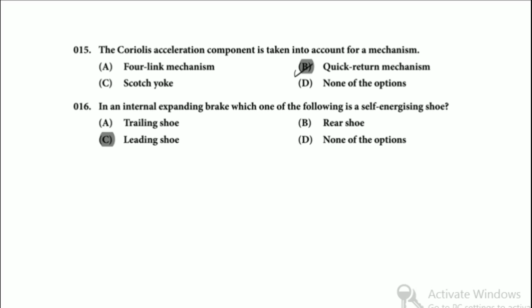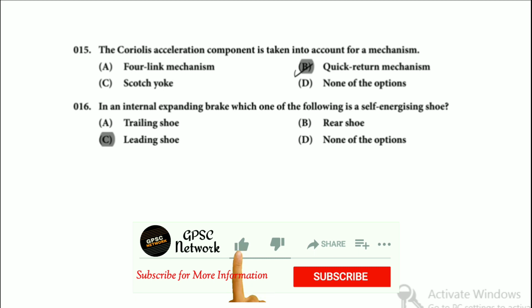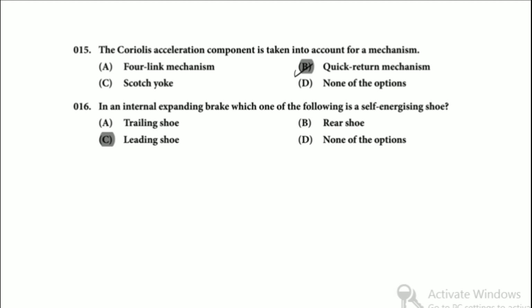Question number 16. In an internal expanding brake, which of the following is a self energizing shoe? If you know the definition of a self energizing brake shoe, you will have some idea. It is a brake shoe which develops a wedging action, and it assists or boosts the braking force applied by the wheel cylinder.